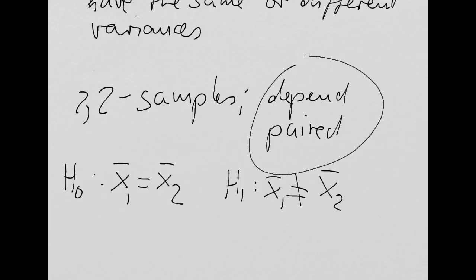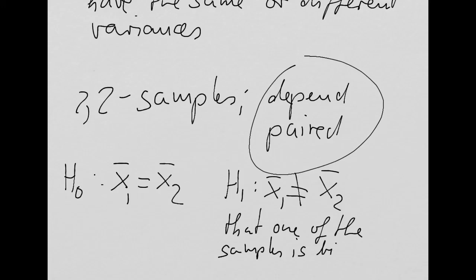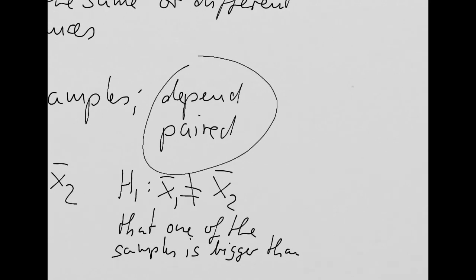This means that one of the sample means is bigger than the other, but we haven't defined which one.